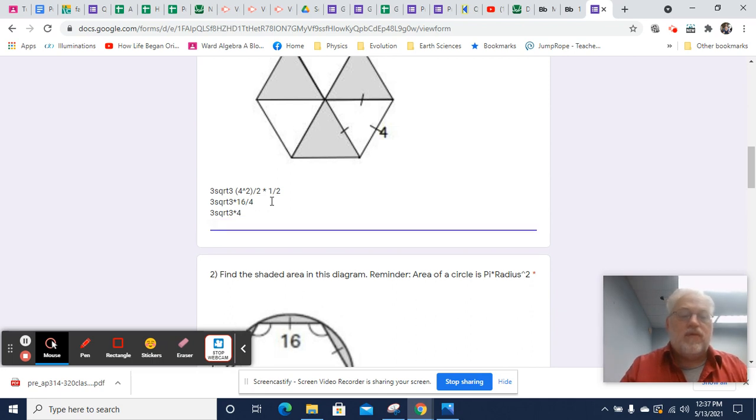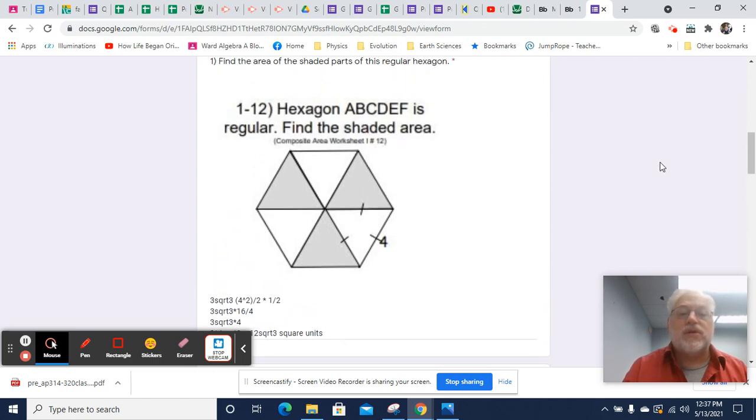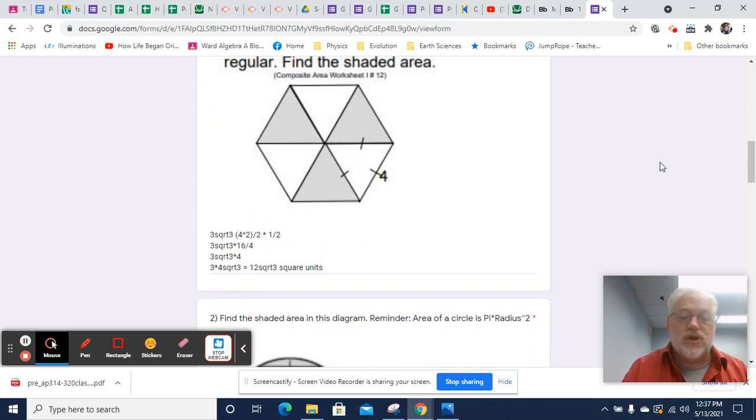And then we can move the 4 up in front with the 3. So it becomes 3 times 4 square root of 3, which is simply 12 square root of 3 square units. Of course, it's units. Okay, so let's go back and make sure there wasn't a unit other than that. So yes, it's just units.